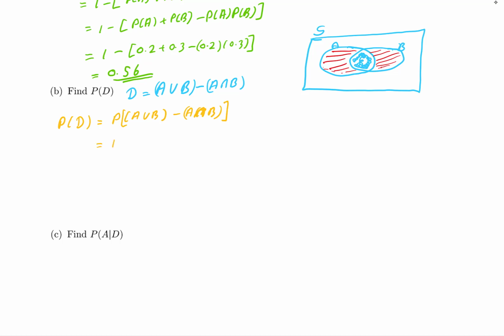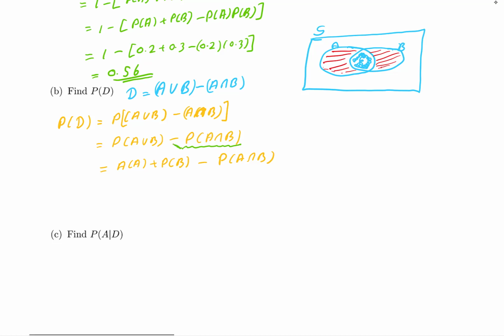You can write probability of A union B minus probability of A intersection B. Then probability of A union B can be written as probability of A plus probability of B minus probability of A intersection B. But you see, we have probability of A intersection B here also, and here also negative, right?